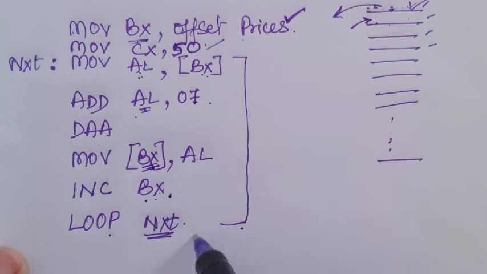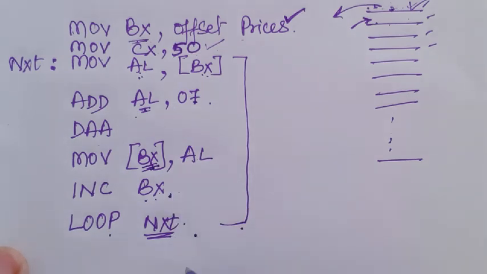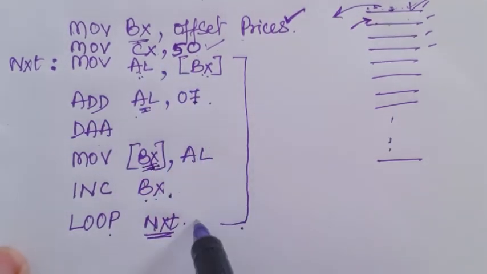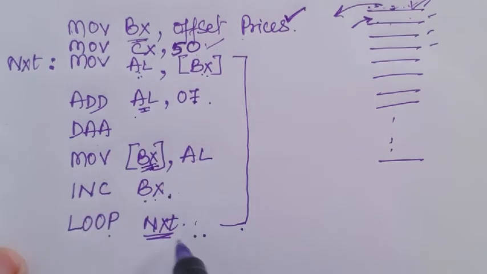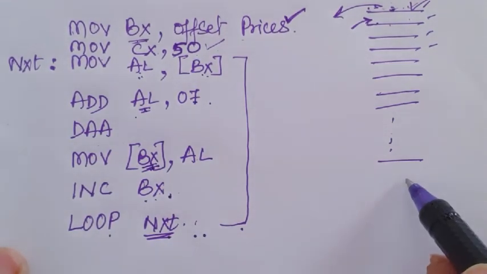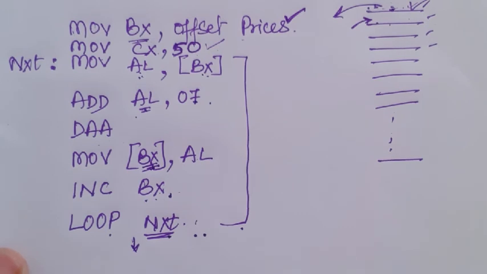Again loop, CX is decremented by 1. When CX becomes 0, after 50 iterations, all the elements in the array are loaded with the new values, and it will come out of the loop. So this is how the loop instruction is used.